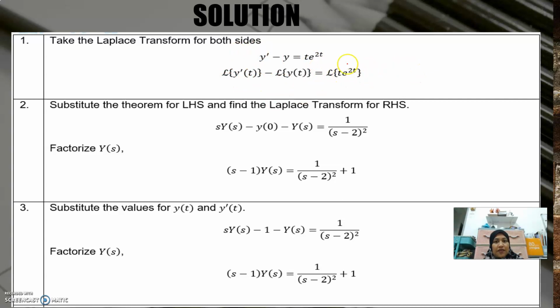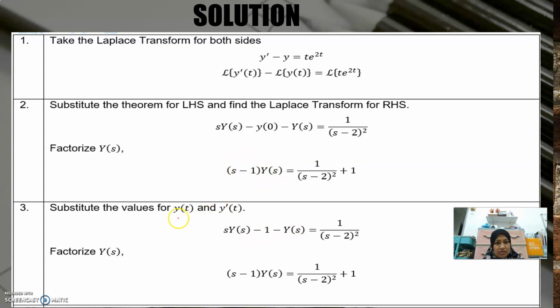And then for the right hand side we just refer to the Laplace transform table, and we will get this. And how to solve? We factorize the Y(s). When we factorize the Y(s), it will be like this.